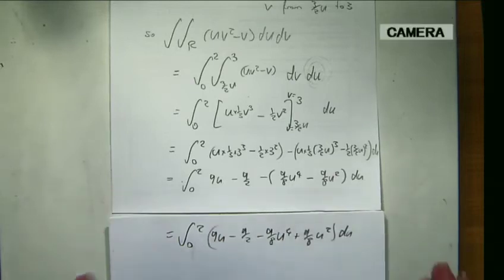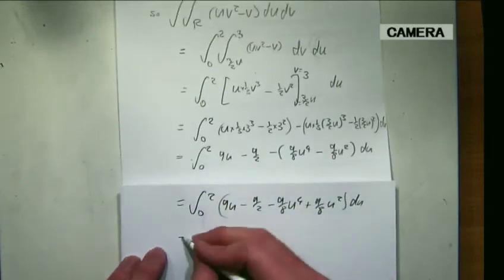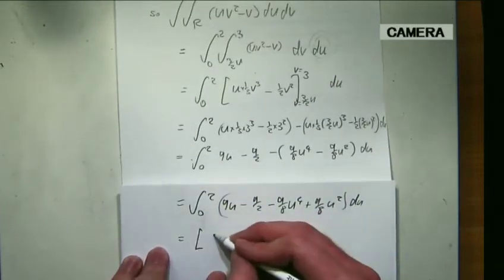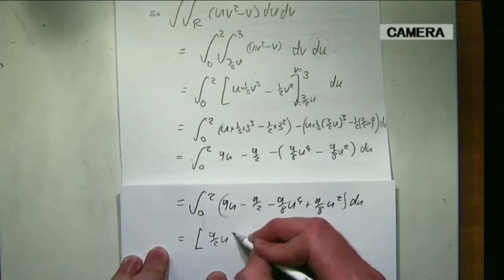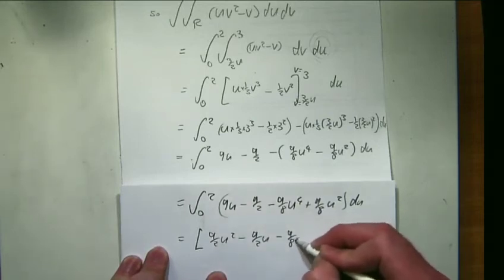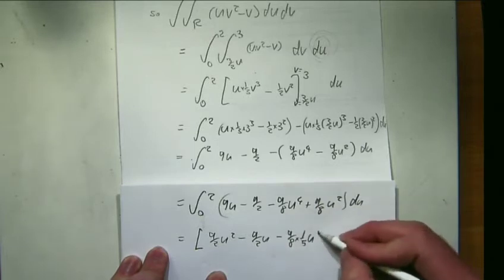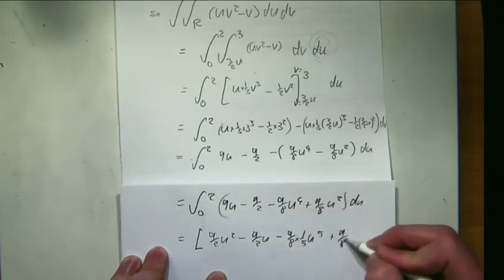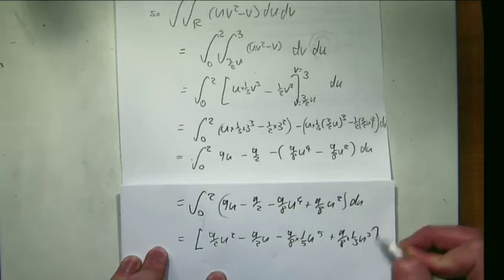And now it's just an ordinary integral just in terms of u, and I can do it now. So 9 on 2u squared minus 9 on 2u minus 9 on 8 times 1/5 of u to the 5 plus 9 on 8 times 1/3 of u cubed from 0 to 2.